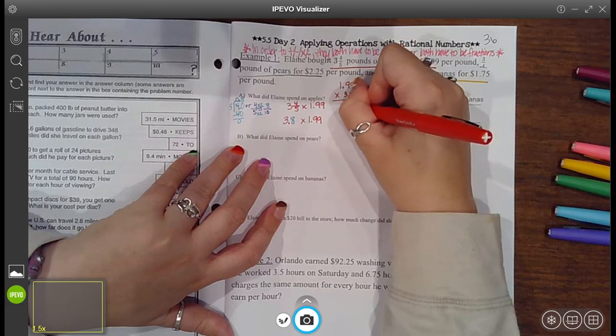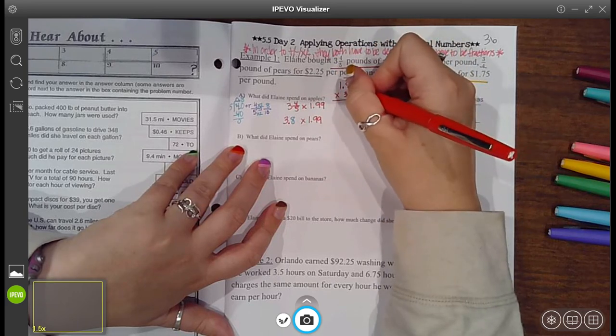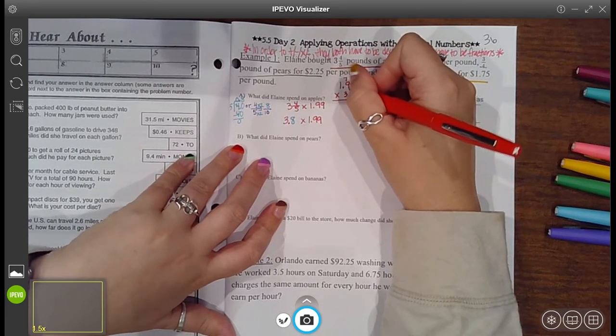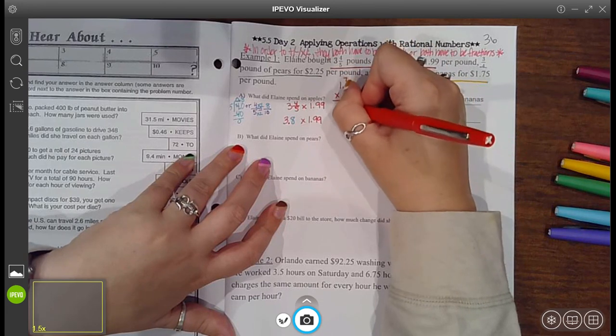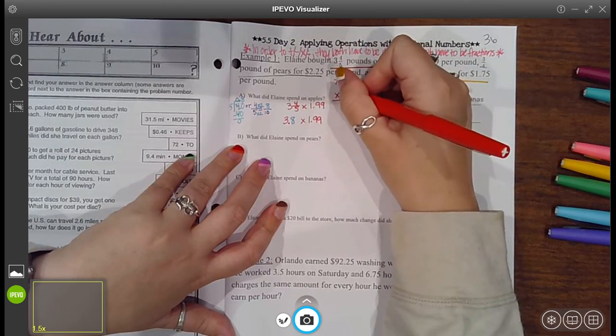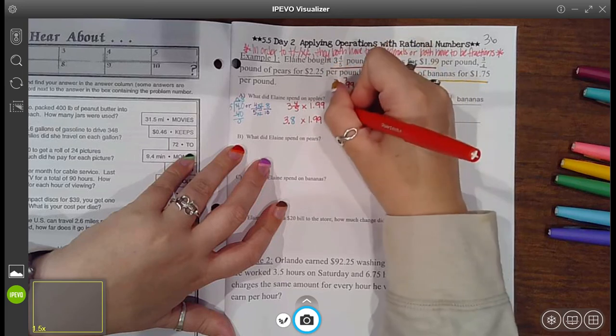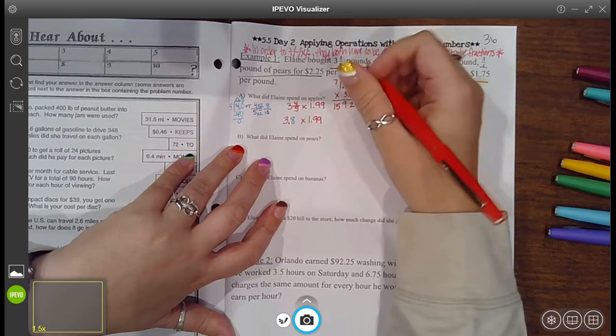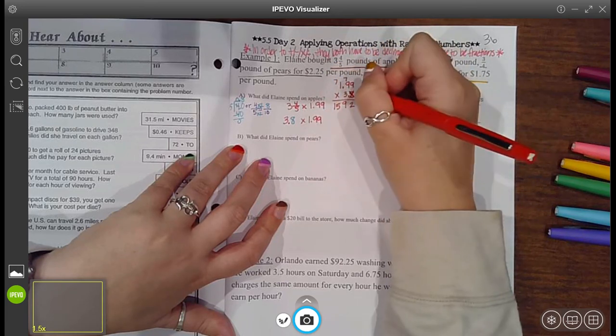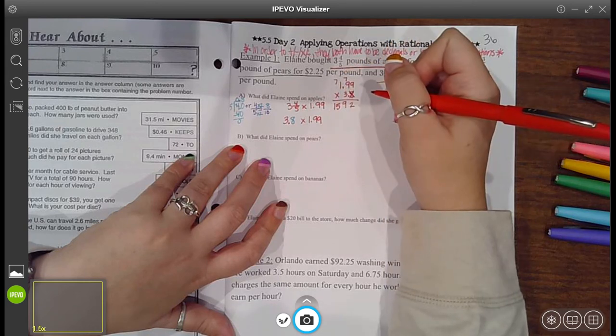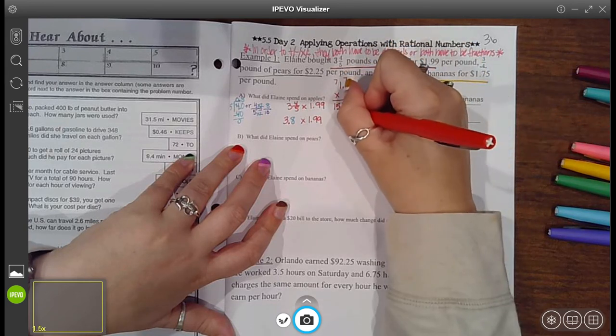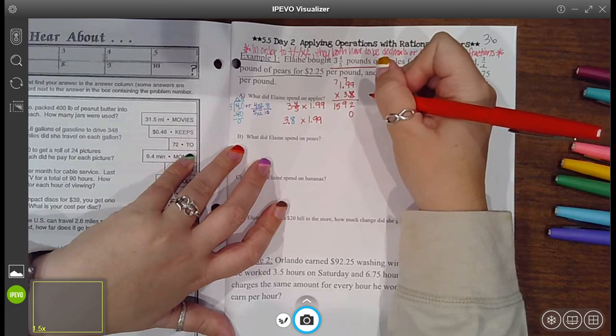8 times 9 is 72. 8 times 9 is 72 again, plus 7 is 79. 8 times 1 is 8, plus 7 is 15. Now the 8 is all used up, and we're moving on to the number that's in the tens place, the 3, because we're ignoring those decimals for right now.